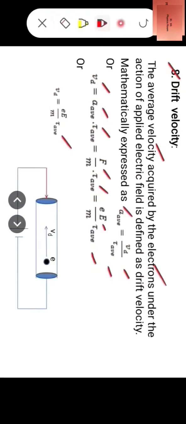That is the charge on an electron multiplied by electric field divided by mass of electron into average relaxation time. So this gives us the average velocity acquired by electrons under the action of applied electric field.